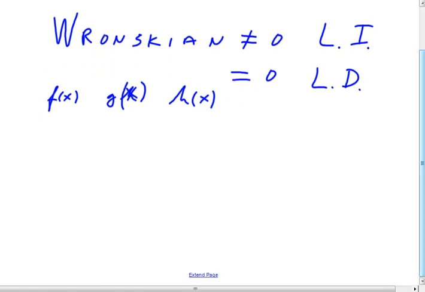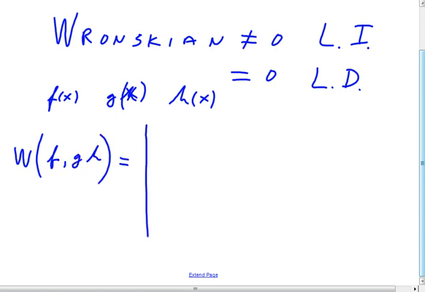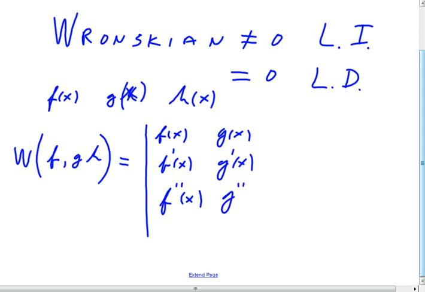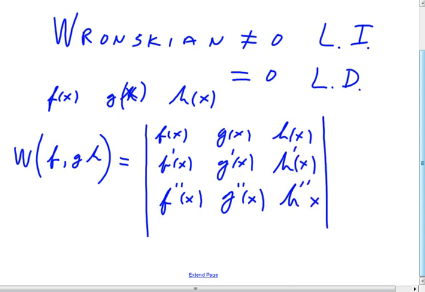I take the Wronskian of f, g, and h, which is the determinant of f of x, f prime of x, f double prime of x, g of x, g prime of x, g double prime of x, h of x, h prime of x, h double prime of x. And if that is not equal to 0, I'm linearly independent. If it's equal to 0, I'm linearly dependent.